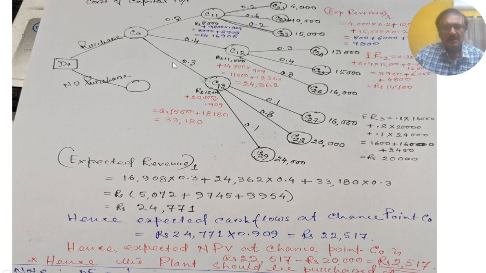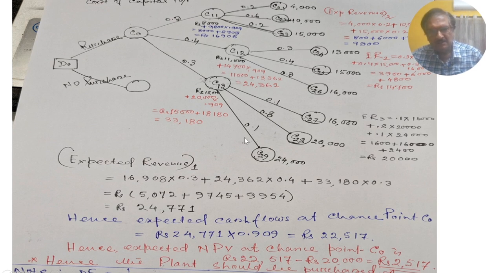And if the cash inflow for the first year is 15,000, then the cash inflows for the second year for this option will be 16,000 with probability 0.1, 20,000 with probability 0.8 and 24,000 with probability 0.1.